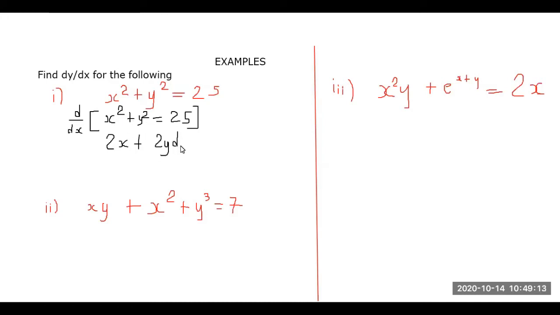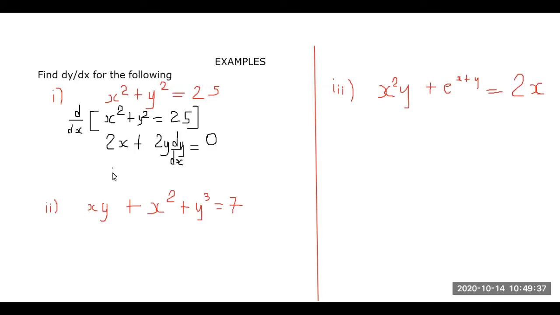That's implicit differentiation. So that part becomes 2y dy by dx. Then that is equal to, when we differentiate the constant 25, we just get 0. To find dy by dx, we just need to transpose and make dy by dx the subject.